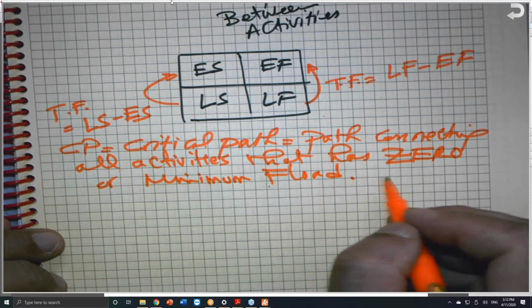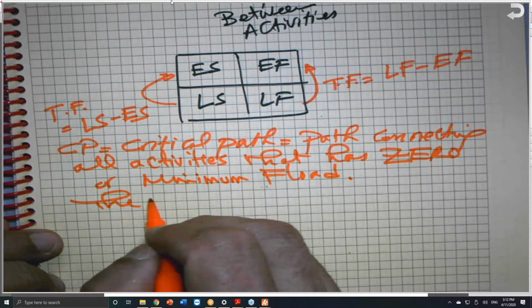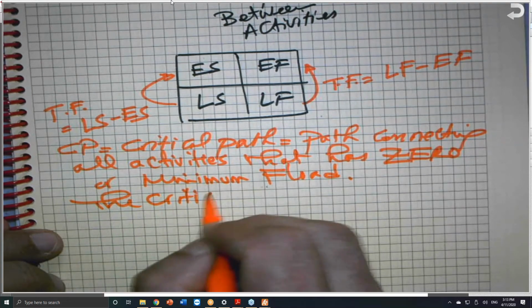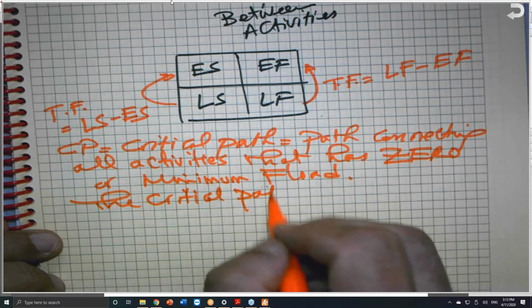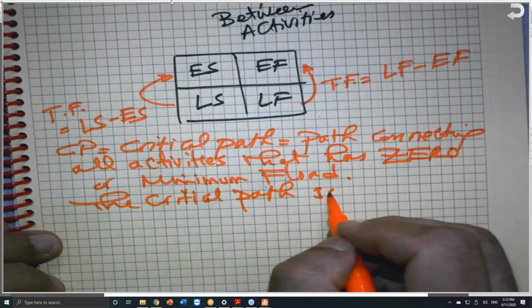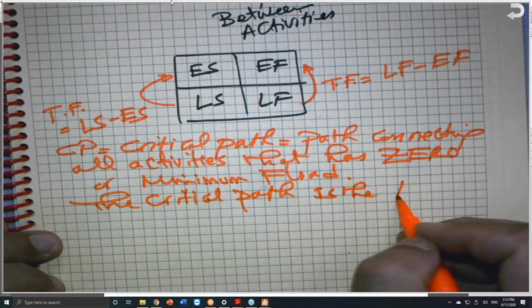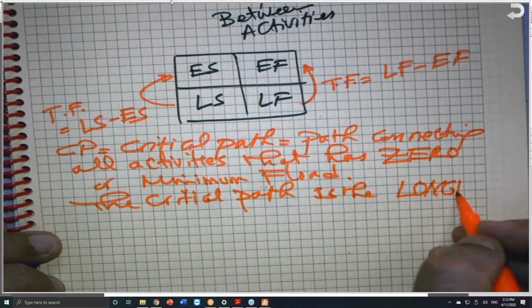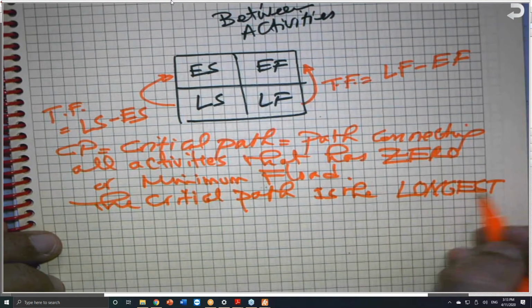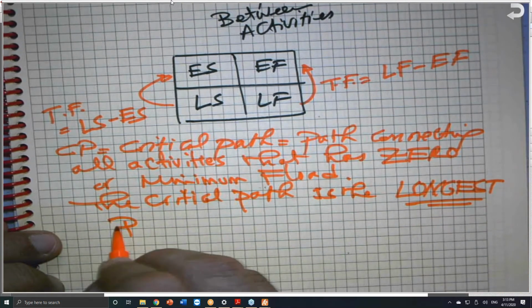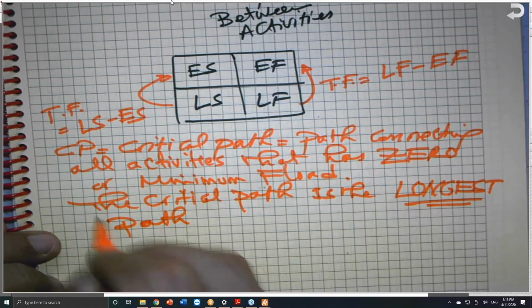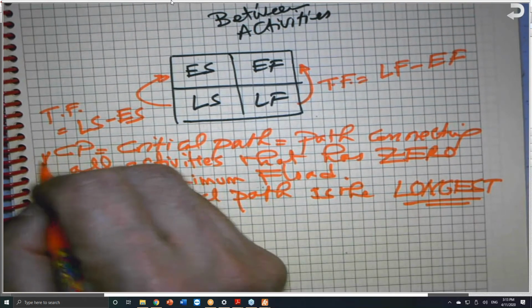And the critical path is the longest path. I need you to be aware of these two definitions.